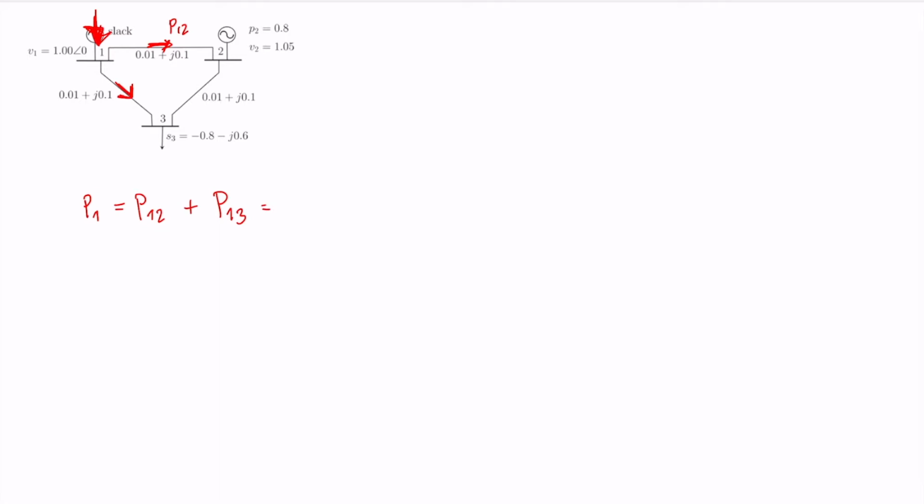Okay, but we have a very nice expression for the branch equation, power going from 1 to 2. It was delta 1 minus delta 2 divided by the reactance between 1 and 2. And then the power that goes from 1 to 3 is delta 1 minus delta 3 divided by the reactance of 1, 3.